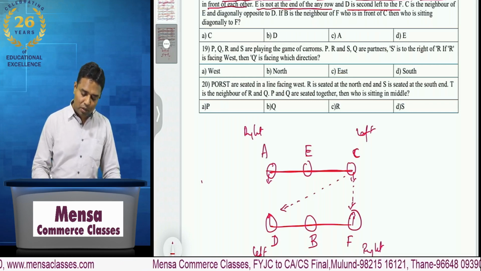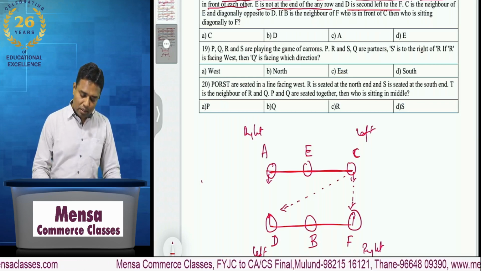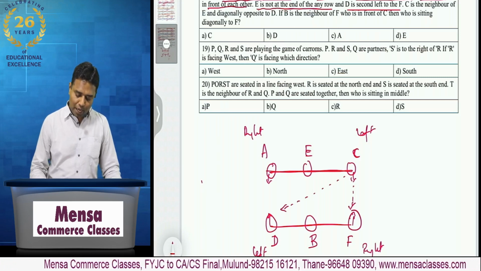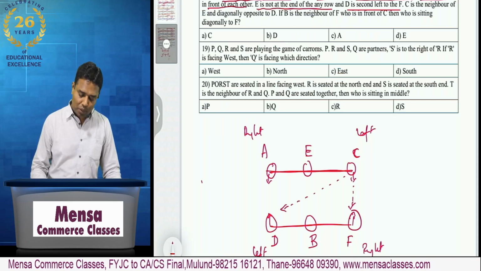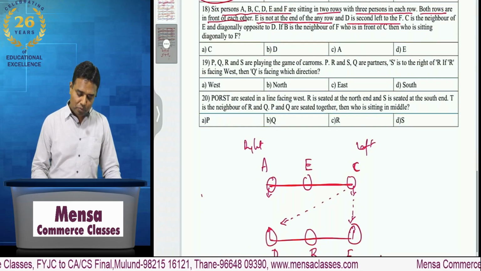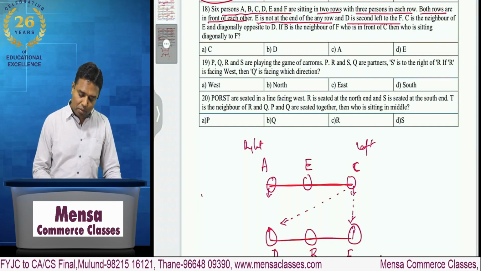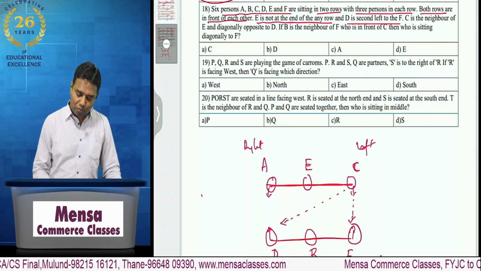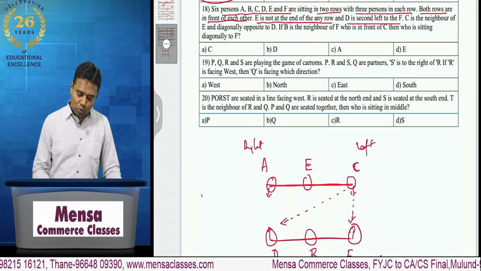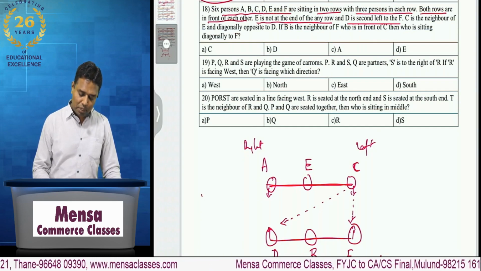What is the question? Who is sitting diagonally to F? That is the question asked here. So if B is a neighbor of F, who is in front of C, then who is diagonal to F. That is the particular part, correct?